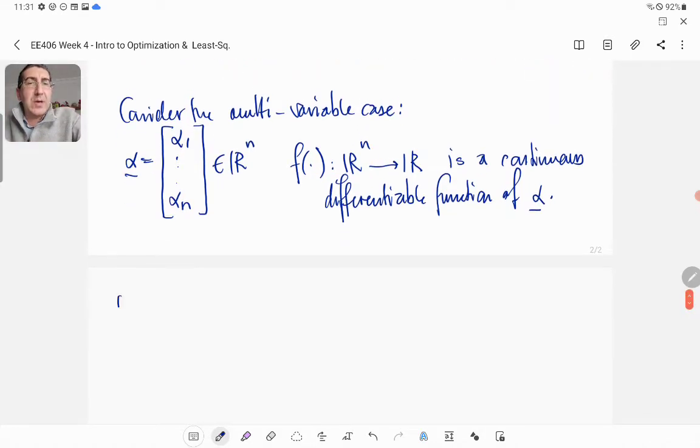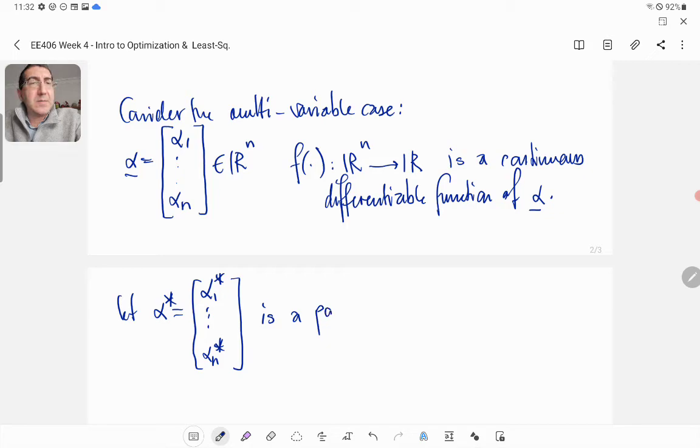Okay, so let's have alpha star also defined as a vector, composed of alpha 1 star up to alpha n star, where this is a point in Rn where f of alpha is maximum.